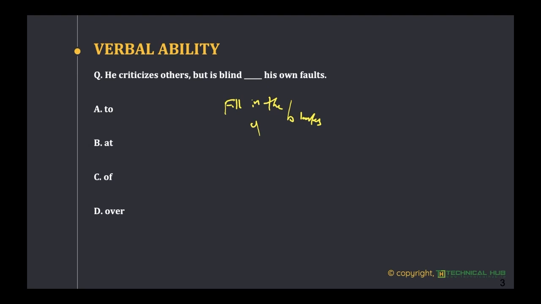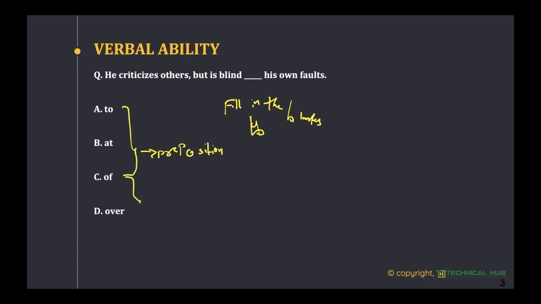Okay. So now, what happens here? Again, seeing the words, you can easily identify the preposition. A preposition is a word which is used to talk about the place or exact position of a noun. To, at, of, over, all these are prepositions, isn't it?